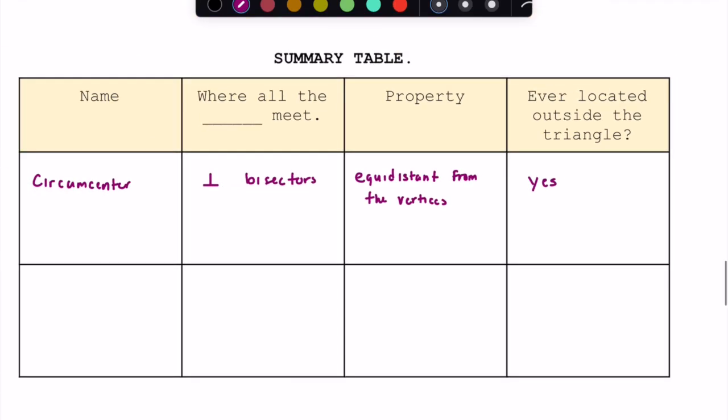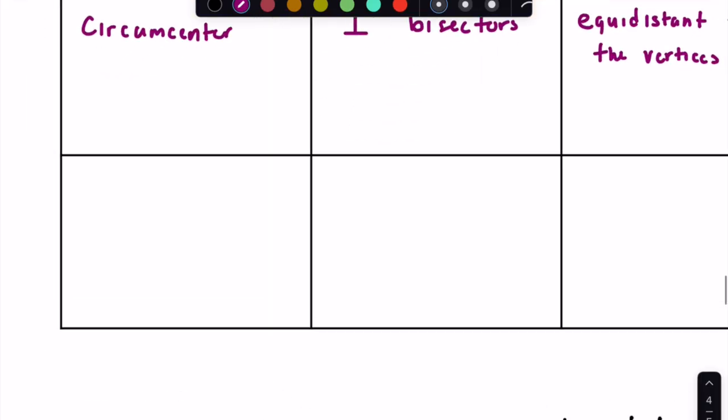So I want you to do this for the incenter. I want you to fill out the table for the incenter and see what you can get. So please pause the video, fill out the table for the incenter, and then come back for the answer. Okay, so we have our incenter.